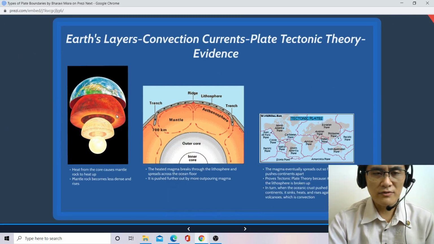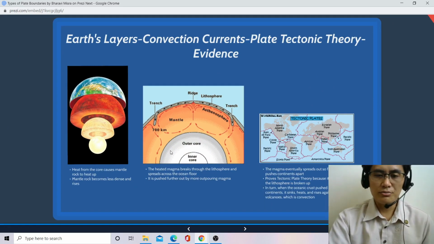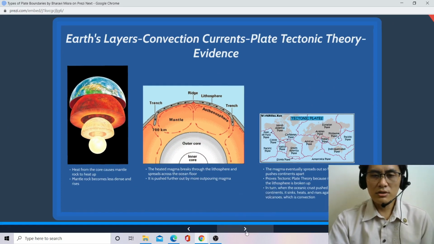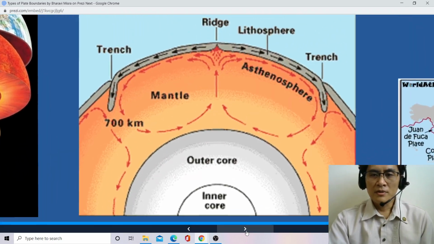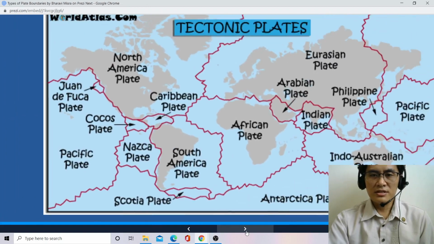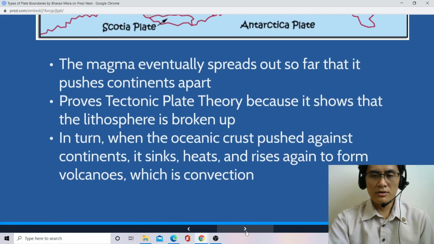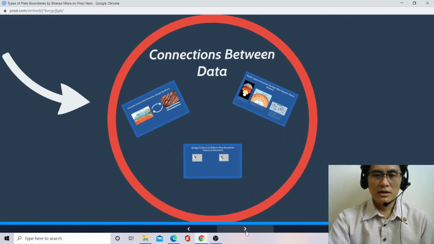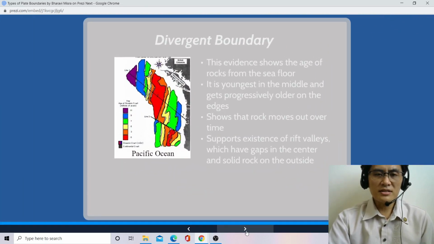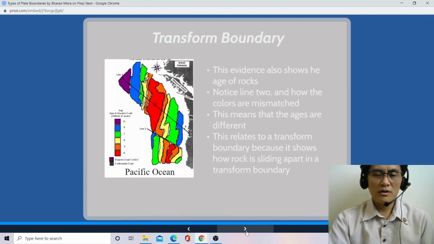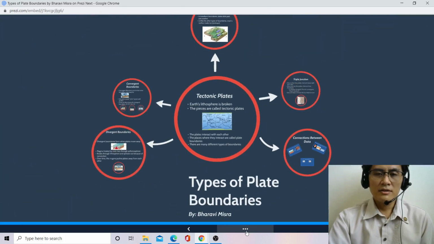I mean, the layers of the earth, both mechanical and compositional, which we have discussed at the first part of our discussions, right? So these are descriptions of that, and again, you have those plates that we are familiar with already. And then for evidences, there are a lot of evidences for this, right? But again, the evidences will be discussed in module 5.